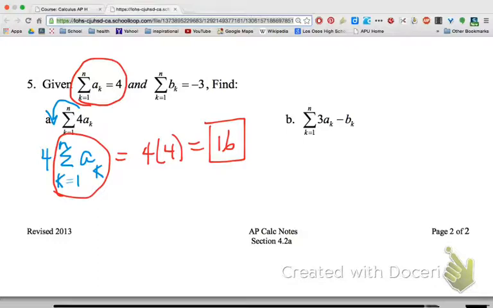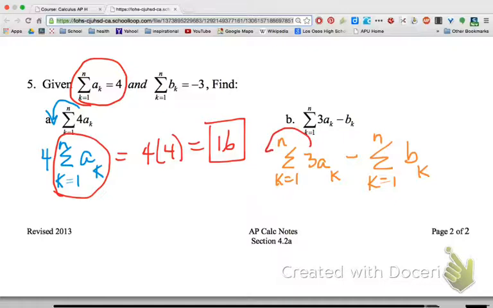And then on this one, of course, I have a subtraction of 2 patterns, so I'm allowed to split them. So I'd split first the front and then the back. And then again, that coefficient I can bring out in front.